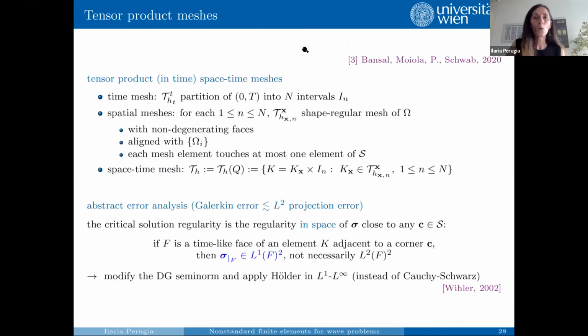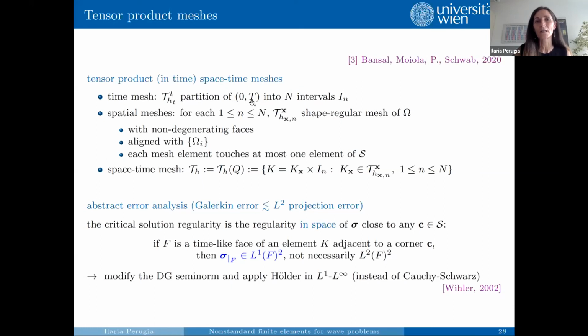So now I don't use the Trefftz spaces, and I concentrate on the case where I take space-time meshes which are tensor products of space meshes, which can be, for instance, triangular meshes, times a partition of the time interval into intervals.